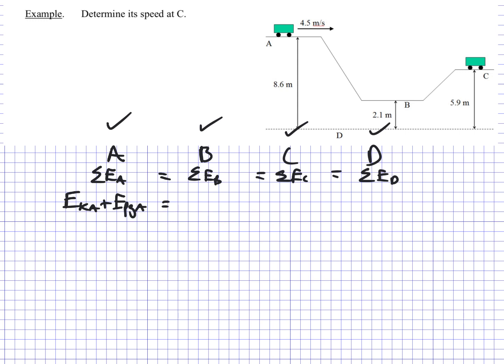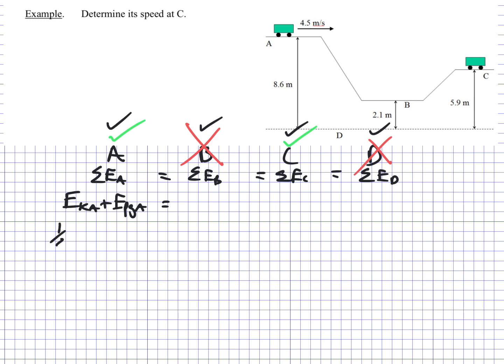At position B we have the same, but I'm actually not interested in position B. I think I know something about position A because I know the velocity and the height, and I want to know something about location C. I actually don't care about B or D. I could put all those numbers in, but frankly that's a waste of time. I'm only interested in A and C, and since I think I know all the information about A, that's going to unlock this scenario. So let's just flesh out A for a second.